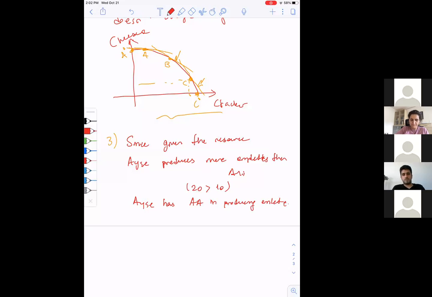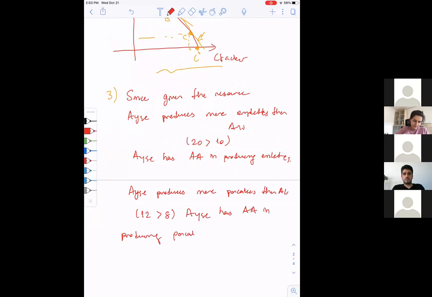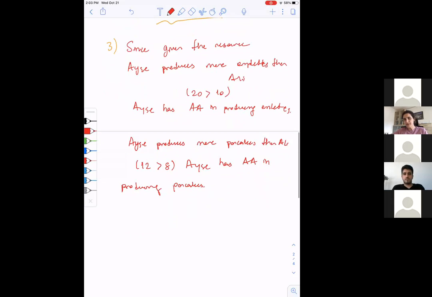Similarly for pancakes, since Ayşe produces more pancakes than Ali, 12 is bigger than 8, Ayşe has absolute advantage in producing pancakes. So Ayşe has absolute advantage in producing both of the goods.